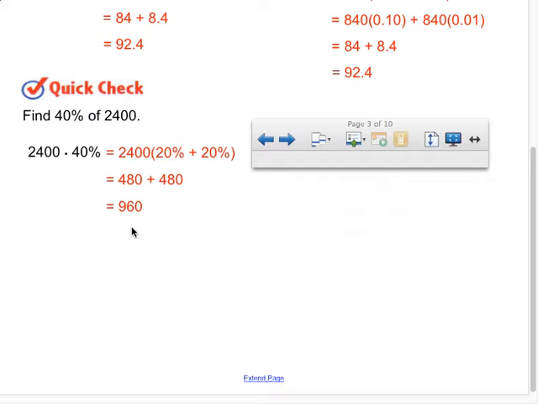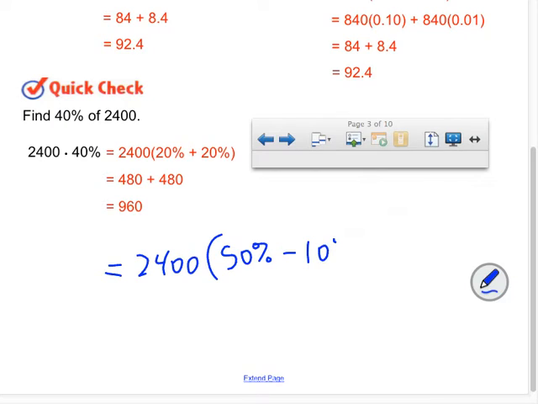So Thomas said for his, he wanted to use instead, and I'll do yours in blue, 2,400 times 50% minus 10%. Okay? And then, Thomas, what did you get when you got 50% of 2,400? I got 1,200. 1,200?